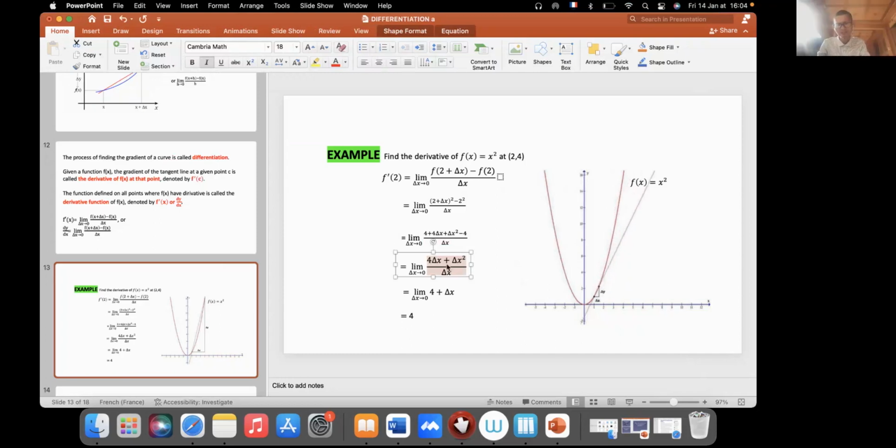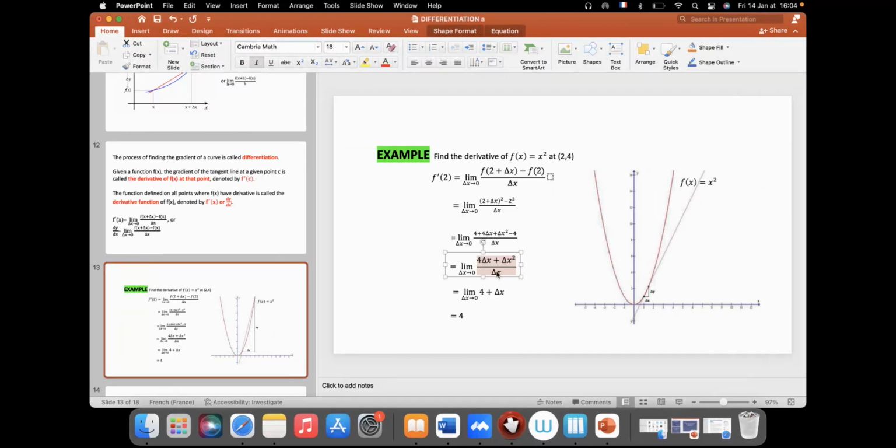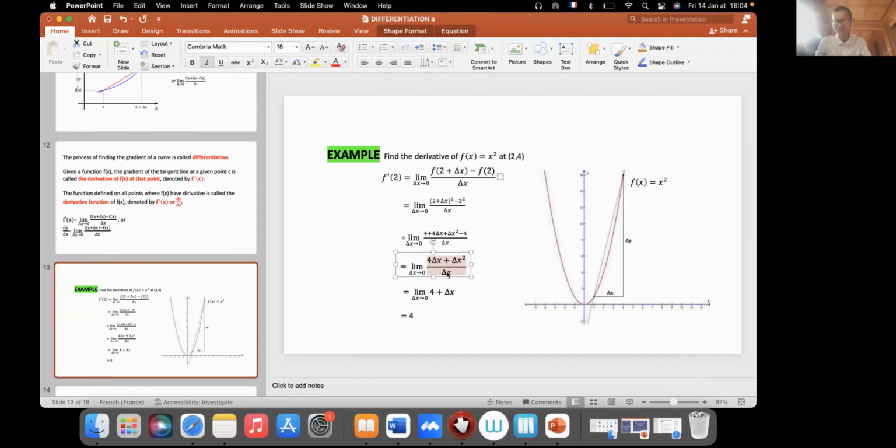And at this step, we have delta x on the top and delta x on the bottom, which cancel with each other. So after simplification it becomes 4 plus delta x, right? Now 4 plus delta x can't be simplified further, right?